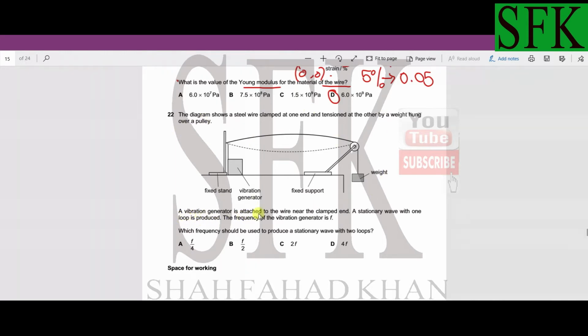A vibration generator is attached to the wire near the clamp end. He even mentioned it in the question: a stationary wave with one loop is produced. This is actually the first loop, called the first harmonic. The frequency of the vibration of the generator is f. If the frequency for the first loop is f, this is your fundamental frequency.